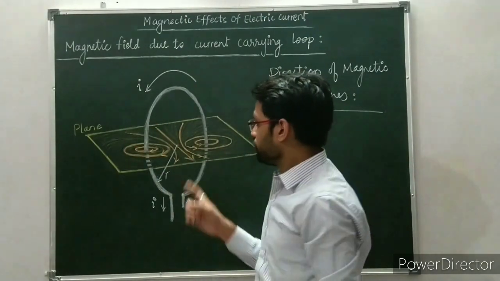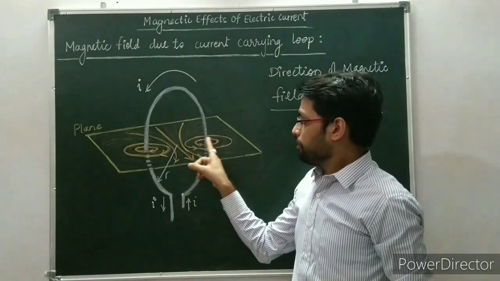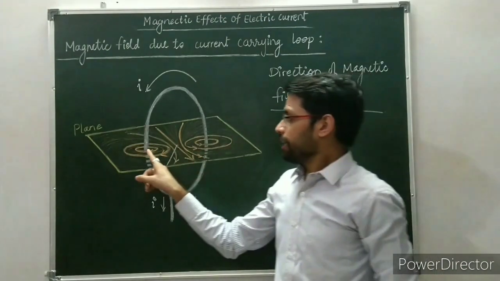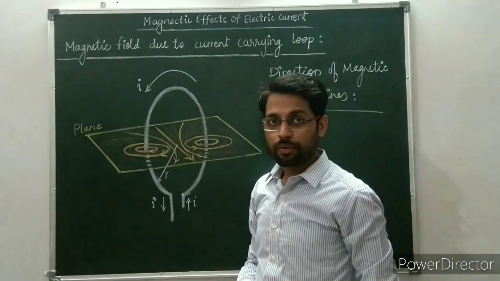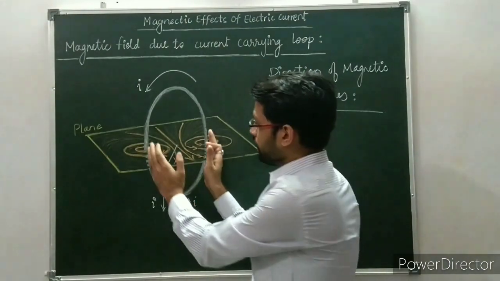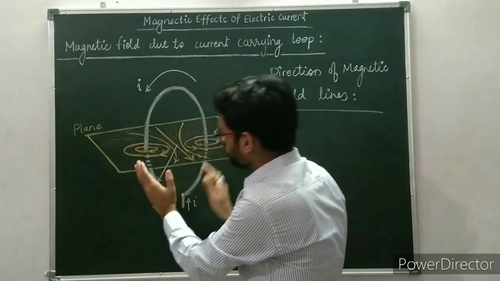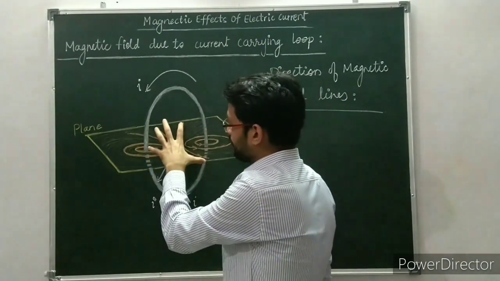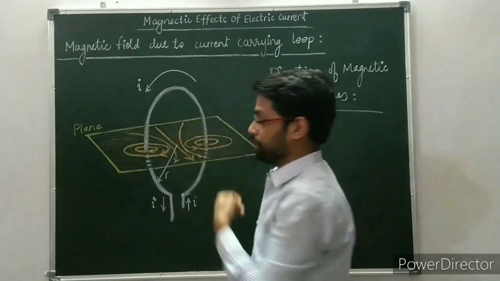So you see that at this point the magnetic field lines are anti-clockwise, and here the magnetic field lines are clockwise. So in the loop, the magnetic field lines are in the same direction.